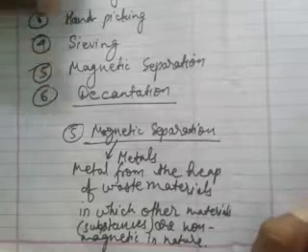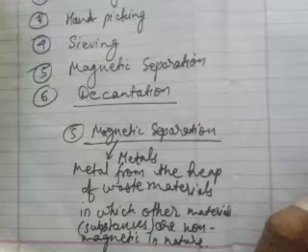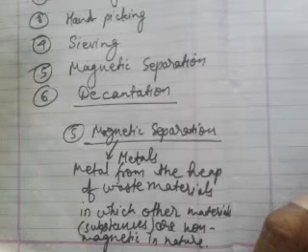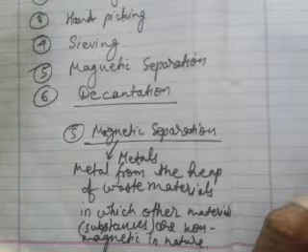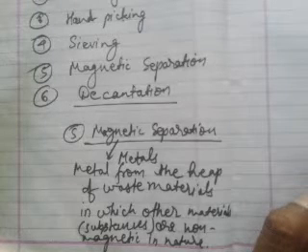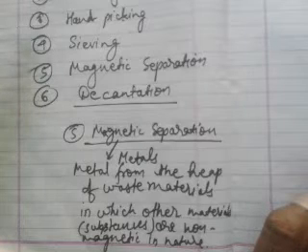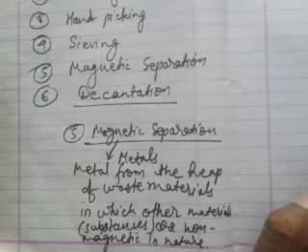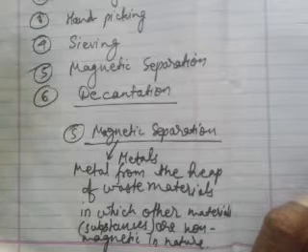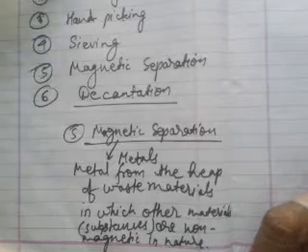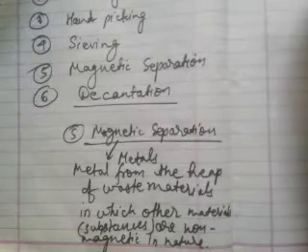If you want to separate a metallic material from the waste material which consists of a magnetic material and other non-magnetic material, you can easily separate the magnetic material from the metal compounds or materials.